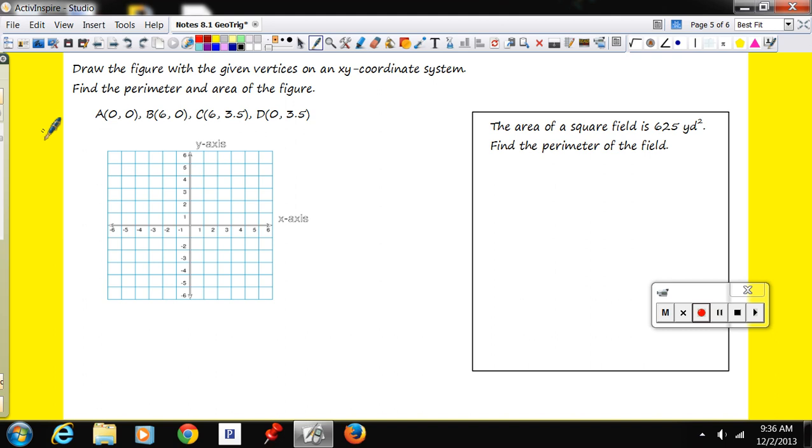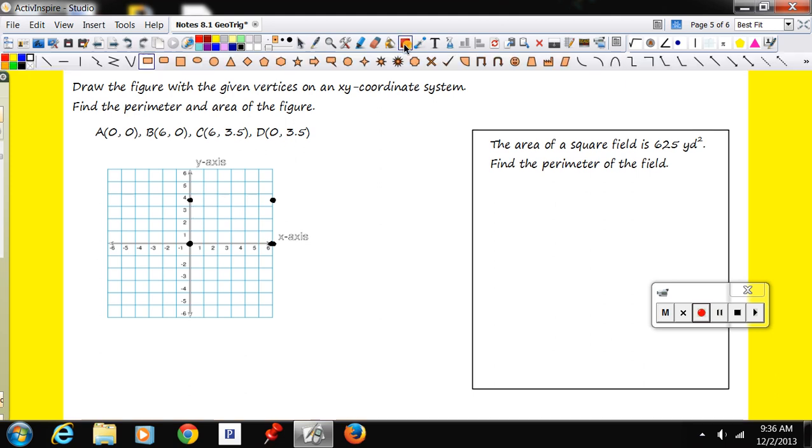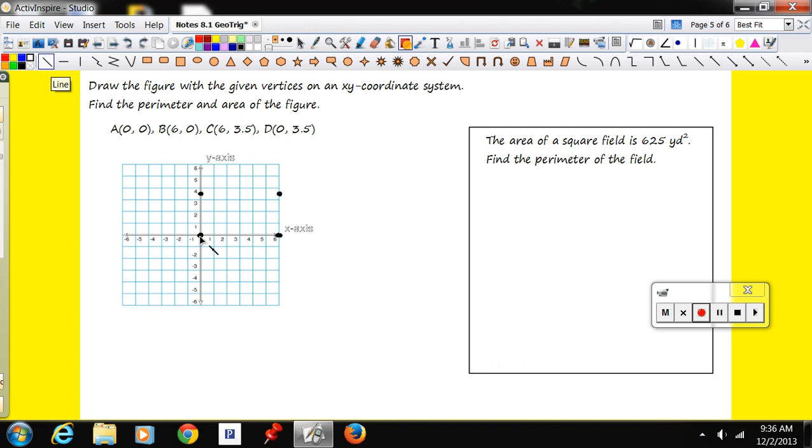Okay, draw the figure with the given vertices. You might have already drawn it on your paper. If you haven't, you should draw 0, 0, a 6, 0, a 6, 3.5, and a 0, 3.5, and connect those.